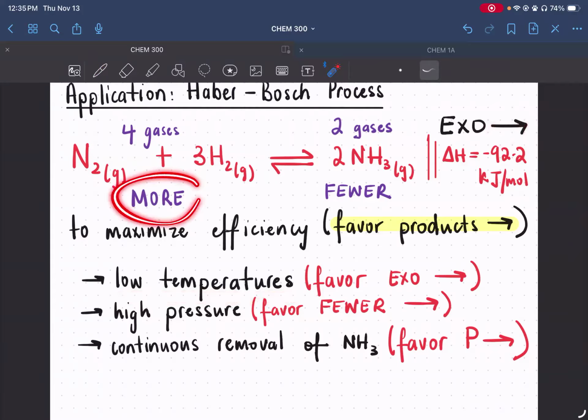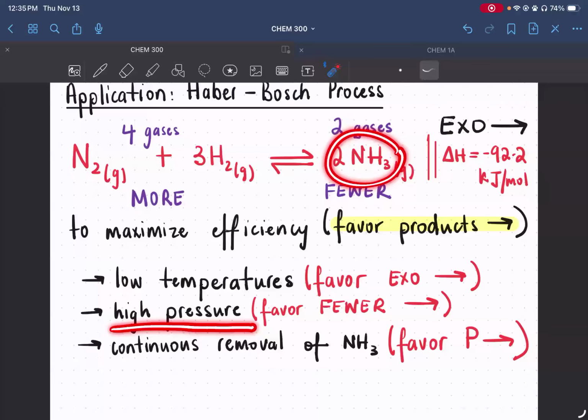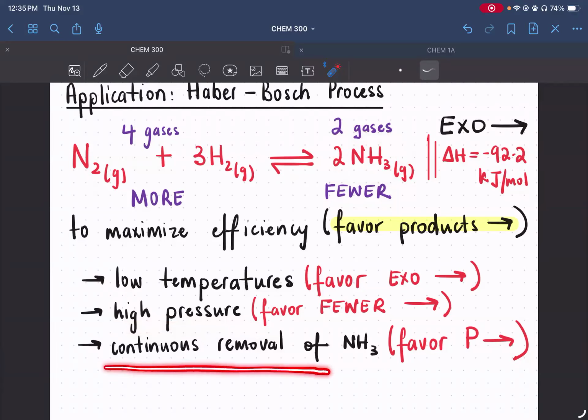We said based on gases, if we wanted to make more product, we do this at high pressure. And of course, the last thing we can do is through money and various nice fancy equipment, we continually remove the product. In doing so, we favor the product.